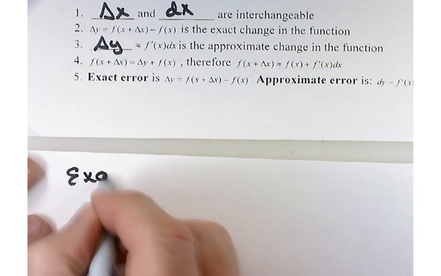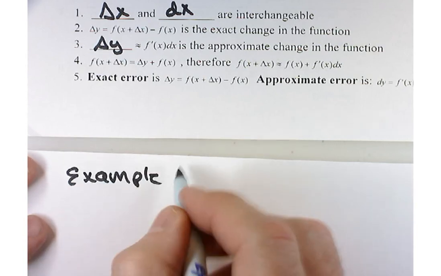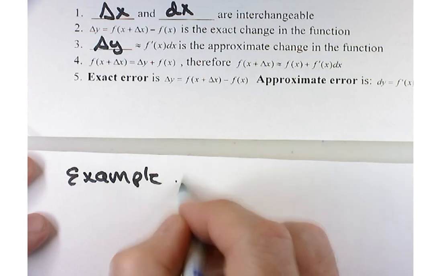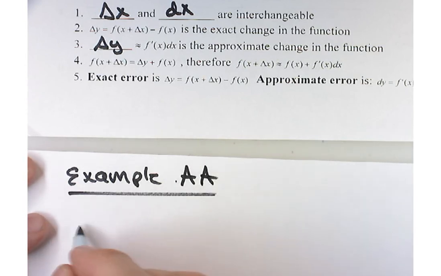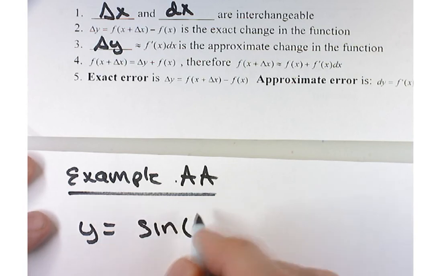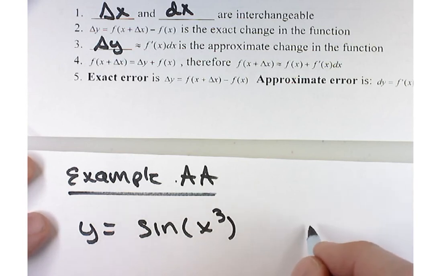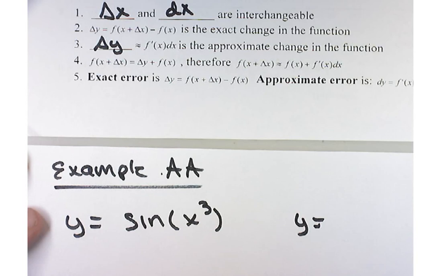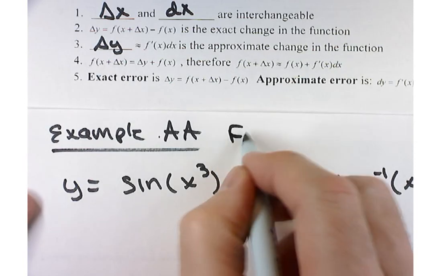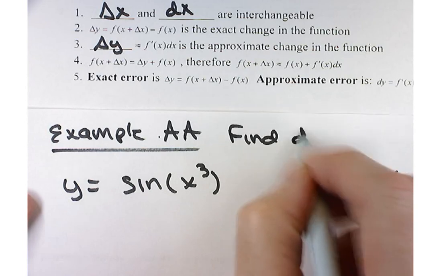Example double A: y equals sine of x to the third, and y equals tangent inverse of x. And the instructions would be find dy.